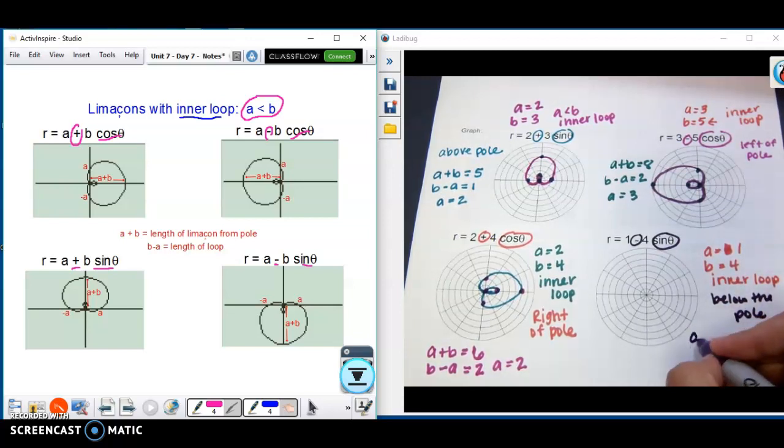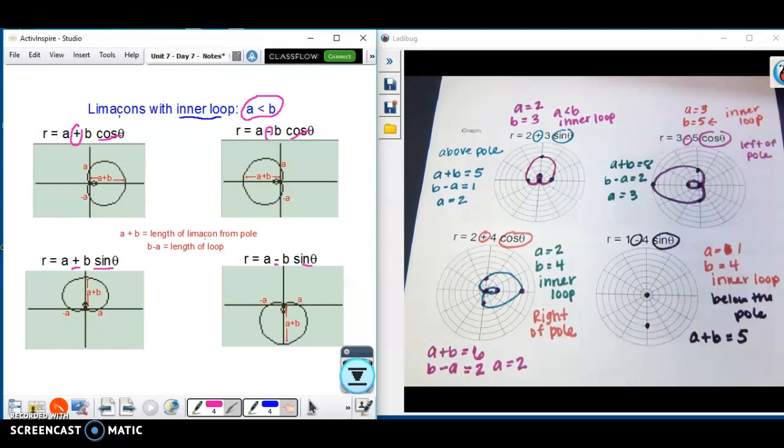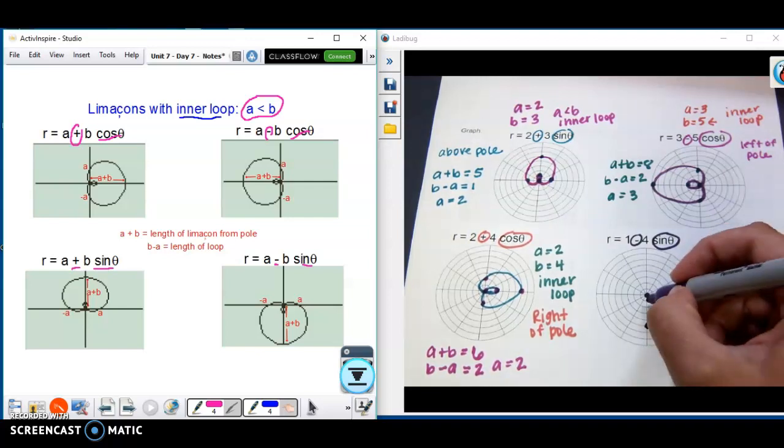Okay, so we're going to do A plus B, so 1 plus 4 will give us 5. So we're going to have a dot at the pole, and, sorry, this is negative, so we're going to go down 5. Okay, to figure out where our loop's going to go, we're going to do B minus A, so 4 minus 1 will give us 3. So our loop's going to be at 3.